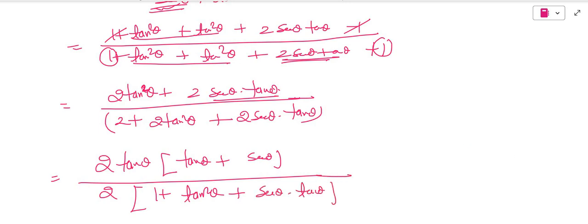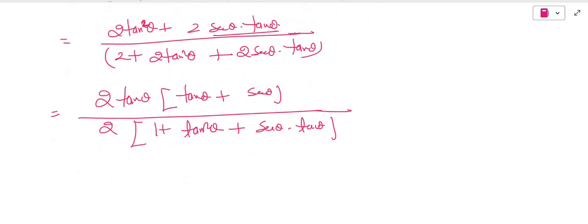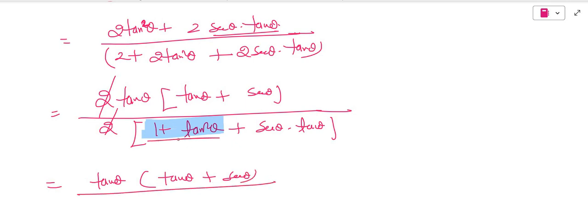Correct? Okay. Can we do something about it? What is 1 plus tan square? So see, this 2 and 2 cancel. So I am getting tan theta plus sec theta by, what is this plus this? It is nothing but sec square plus sec theta into tan theta.